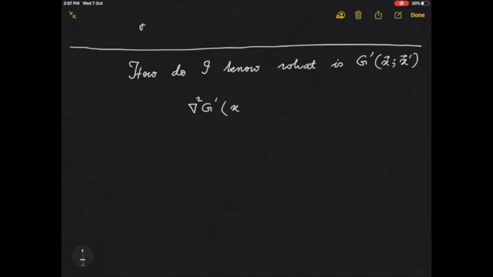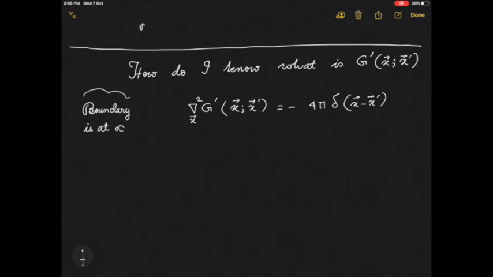So remember that G prime is a solution of this equation. This gradient is on X. And the boundary condition is at infinity, or the boundary is at infinity.